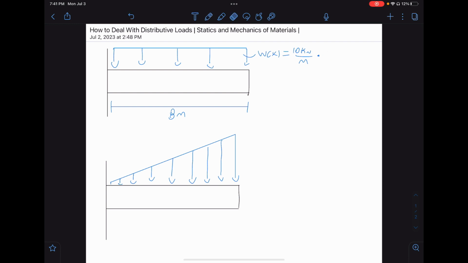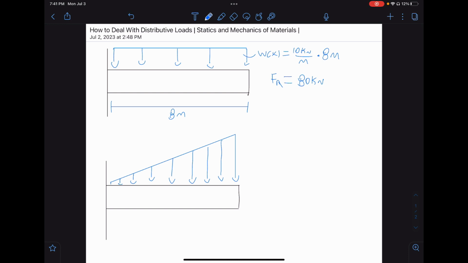So we would do 10 kilonewtons per meter times 8 meters. Meters would cancel out, and we are left with just kilonewtons, meaning we are left with force. So our force resultant is equal to 80 kilonewtons. Easy enough, right, to find the magnitude, but we also need to figure out where it's acting.